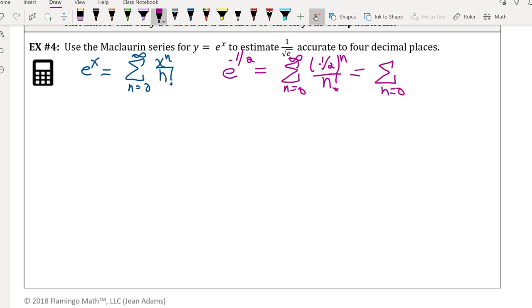We can pull out that negative 1, and then we have 1/2 to the n over n factorial. So now what we have here is an alternating series. Sorry about that.